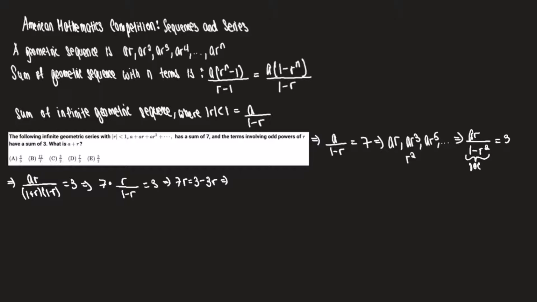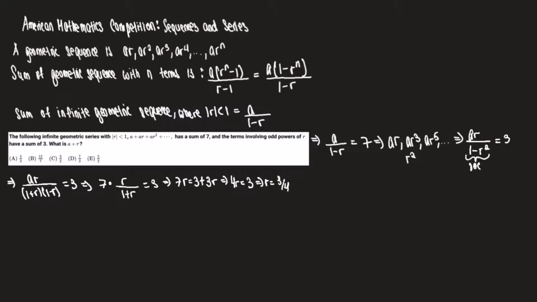Oh wait, that's wrong earlier, it will be plus r. So you subtract 3r from both sides and you get 4r equals 3. Divide by 4 and you get r equals 3/4.